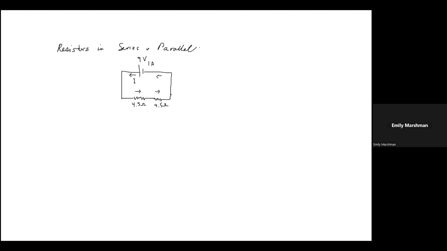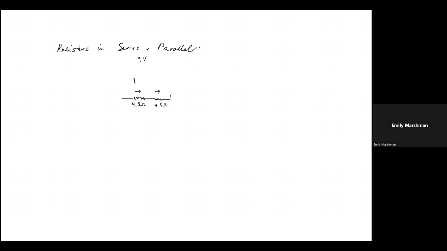If these were light bulbs, each light bulb would become dimmer and dimmer and dimmer as I added more and more resistors to my circuit. It would just keep getting dimmer. So that's resistors in series.